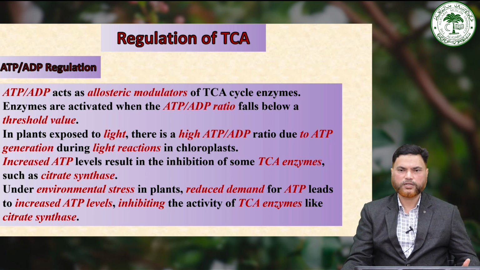Opposite to it, when energy levels are high, or the ADP-ATP ratio is low, the TCA cycle is down-regulated to prevent unnecessary energy expenditure. This regulatory mechanism ensures the efficient utilization of resources in response to the energy needs of the cell.